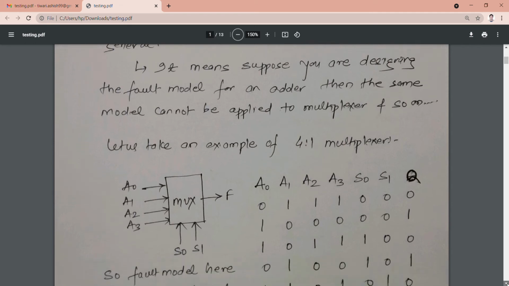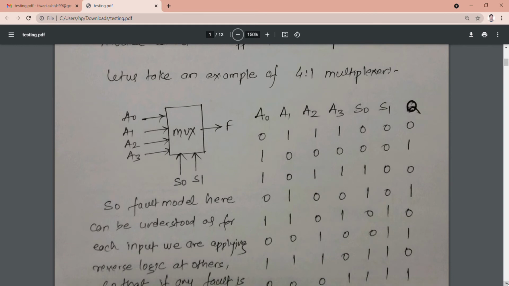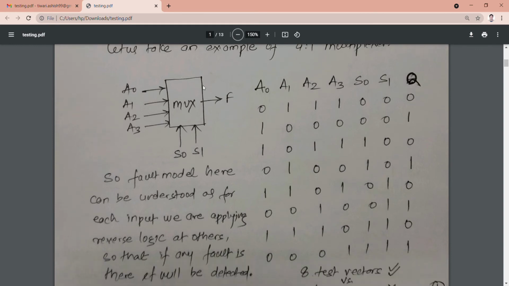So let us take an example of a 4:1 multiplexer here. This is the multiplexer. These are A0, A1, A2, A3. Four inputs are there, and these are the select lines S0, S1, and this is the output F. Now look at this particular truth table: A0, A1, A2, A3, S0, S1. When S0, S1 is 0, 0, A0 is going to be selected.